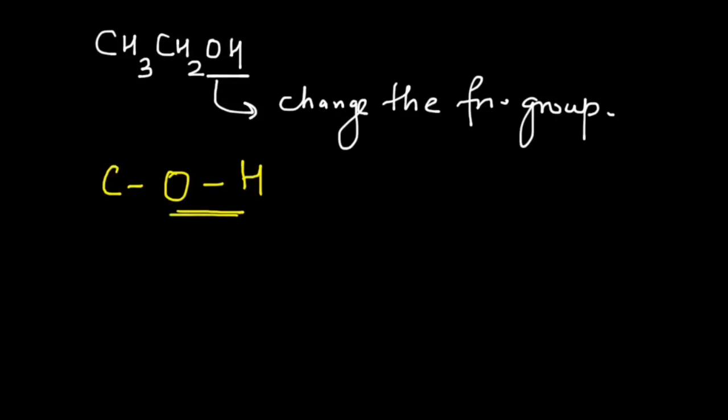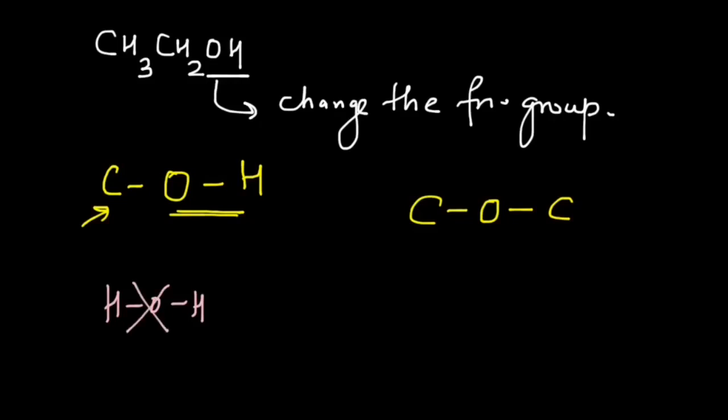And let's replace this hydrogen atom with another carbon, and what we will have is carbon, oxygen and carbon. Why didn't I replace this carbon with a hydrogen? Because if we did that, we would get HOH, that is H2O, and there will be no more possibility to add other atoms. So what I did was to replace the hydrogen with a carbon.